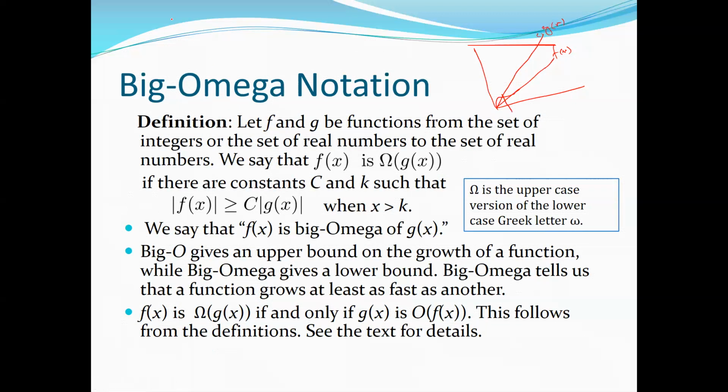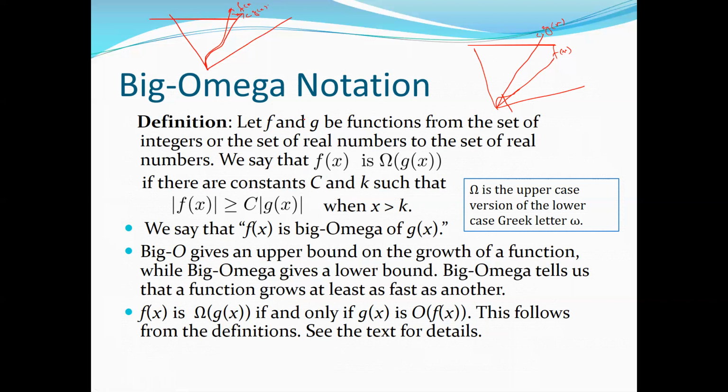For omega, if this is the graph of f(x) or f(n), then there is a function that becomes c g(x). That means this function is the lower bound of this f(x). This f(x) will never come below this g(x). That's why we call it the lower bound of f(x).